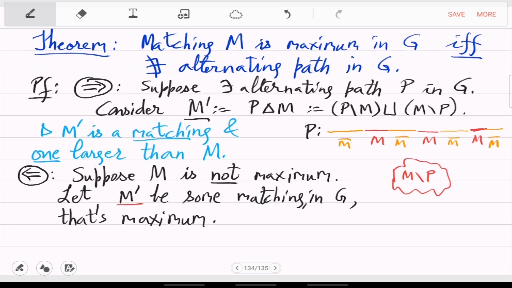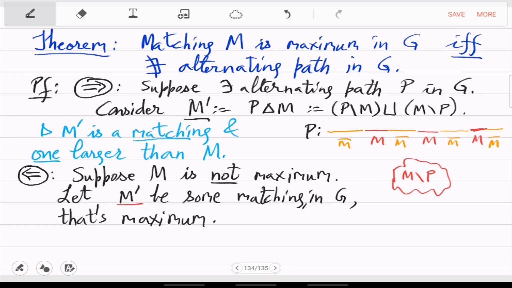What should you focus on in the graph? There is no point focusing on edges that are outside M union M prime. So we will restrict to a subgraph which only has edges from M and M prime. Let's do that first, because the path we intend to find will alternate between M prime and M. So we'll just focus on this part of the graph to reduce confusion.